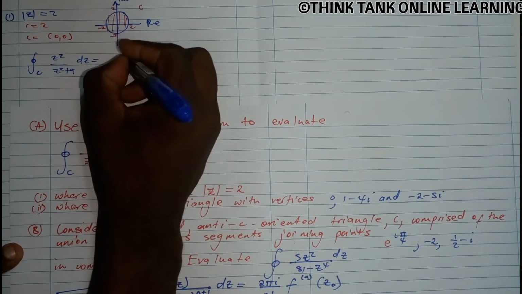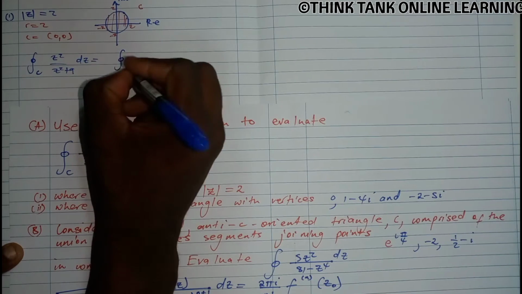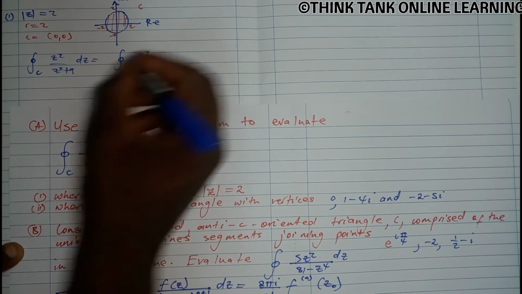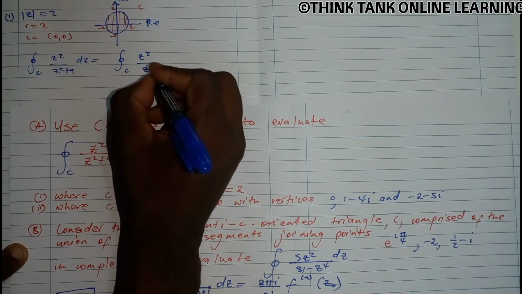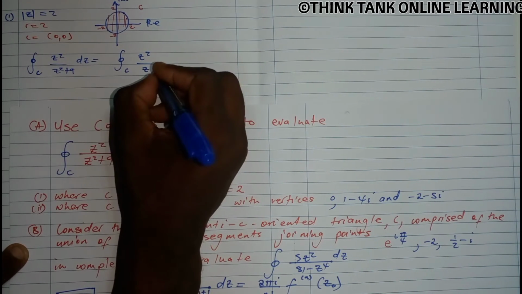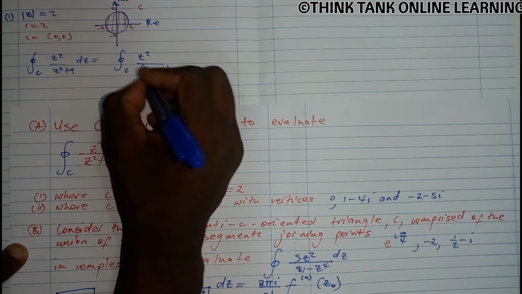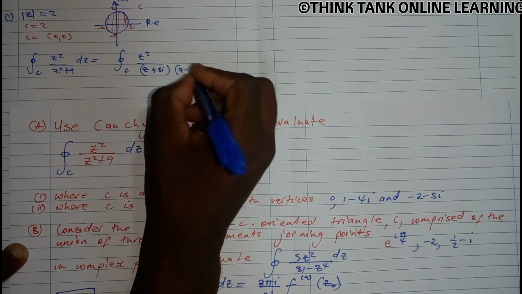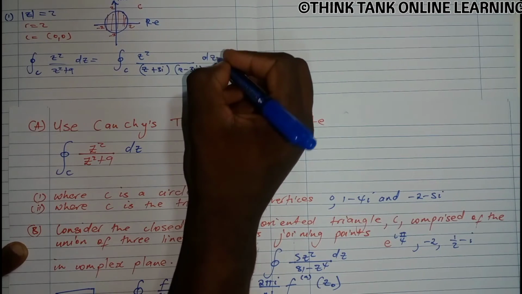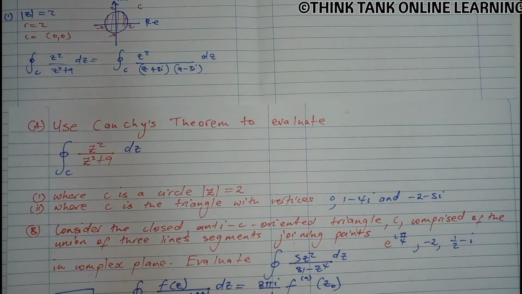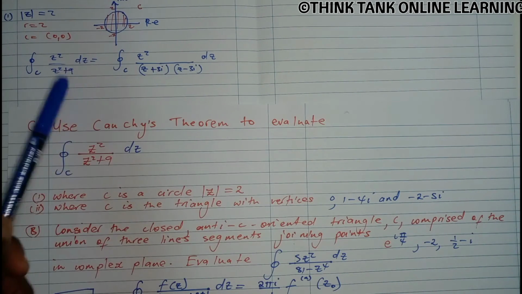The integral over C of z squared over (z plus 3i) times (z minus 3i). I'm assuming that you are familiar with factorizing this. In complex variables, i times i gives a negative, and if we expand this, we get the original expression.